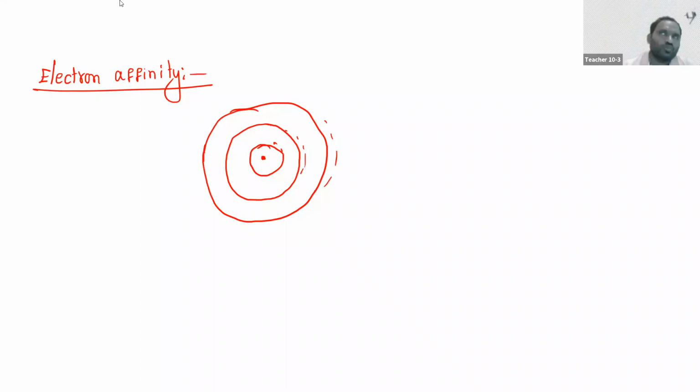Low energy. Okay, that is while forming a bond. Okay, now I will tell. Turn on your videos, students, so that I'll get a class feeling.